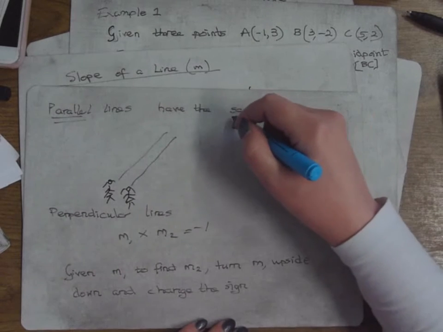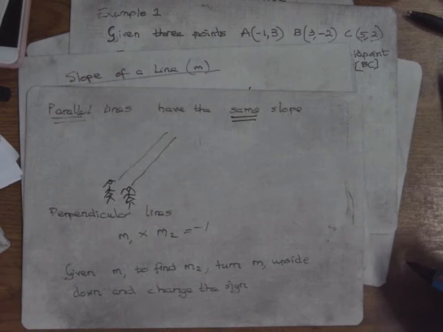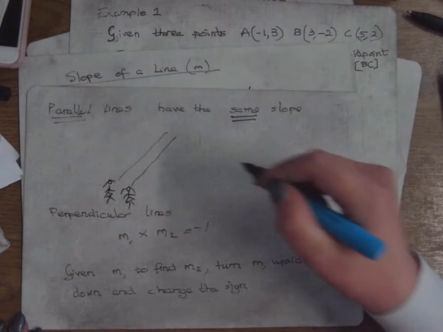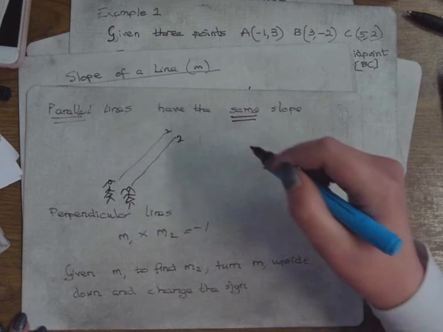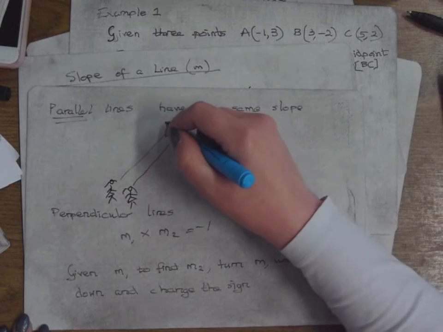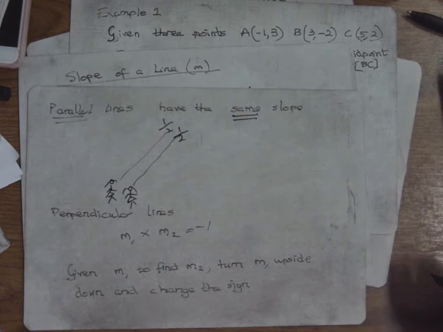So parallel lines, girls, have the same slope. So if I say the slope of that line is 2, that means the slope of that line is also 2. If I say the slope of this line is a half, the slope of this line is also a half. So parallel lines have the same slope. You remember that?